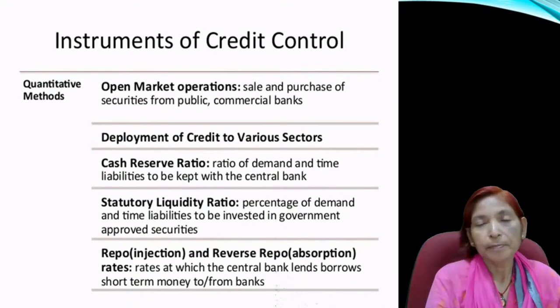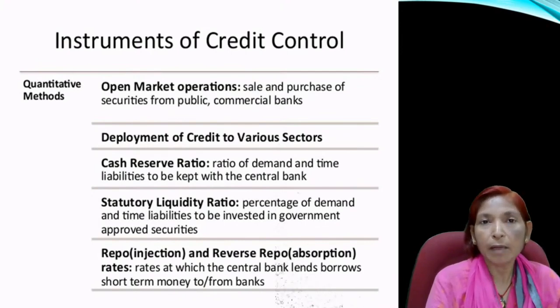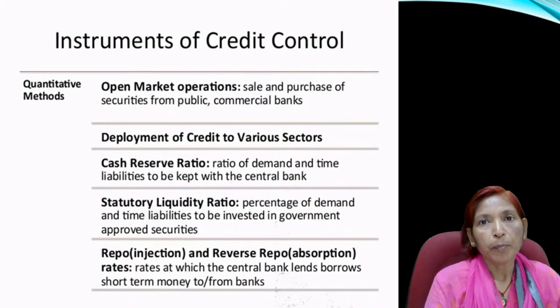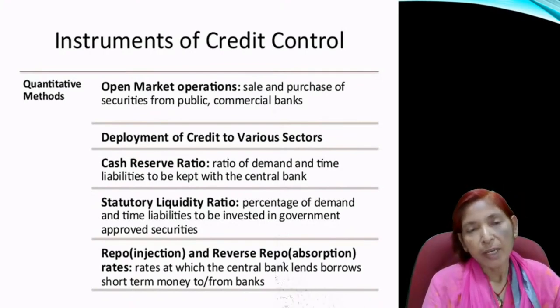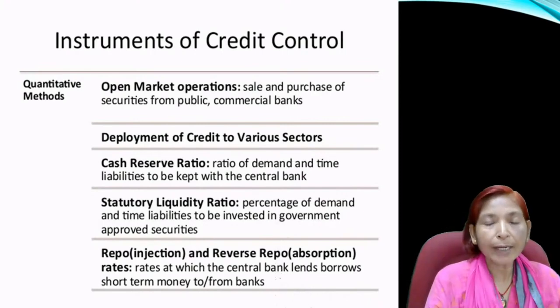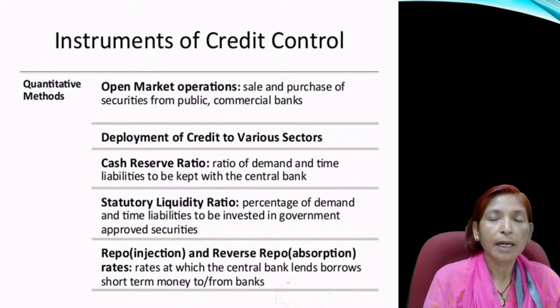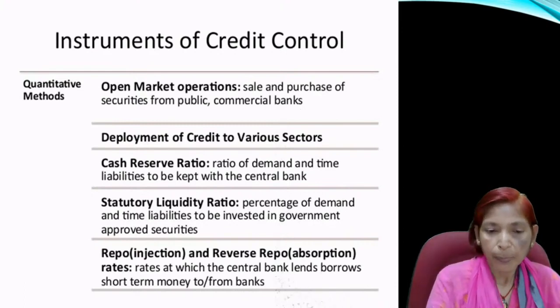Repo rate is the rate at which RBI provides loans to the commercial banks for a shorter time period, and at the reverse repo rate, RBI takes loans from the commercial banks.